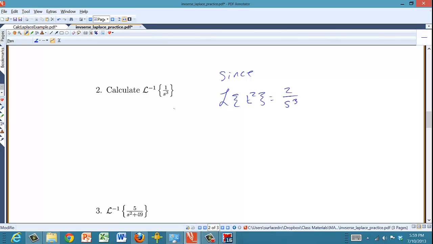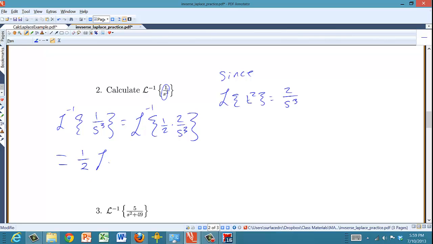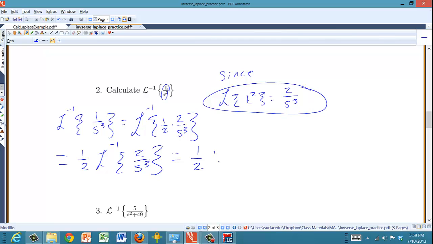So what you want to do is rearrange this thing to have a 2 over s cubed in it. So let's see, the inverse Laplace transform of 1 over s cubed, well, that's the same thing as the inverse Laplace transform of 1/2 times 2 over s cubed. And now, just like the Laplace transform, the inverse Laplace transform is linear. So this is 1/2 times the inverse Laplace transform of 2 over s cubed. And now we know that the inverse Laplace transform of 2 over s cubed is t squared. So this is 1/2 t squared.